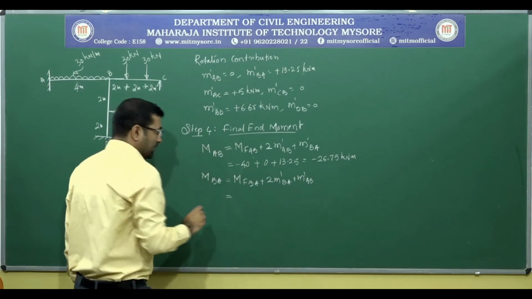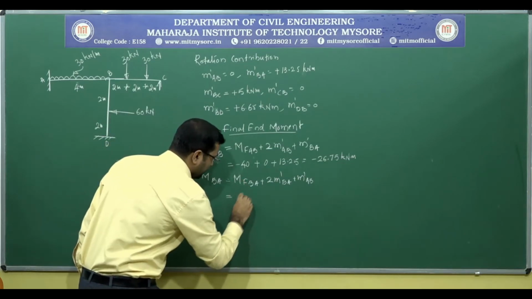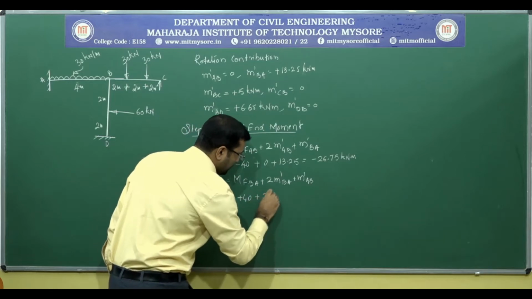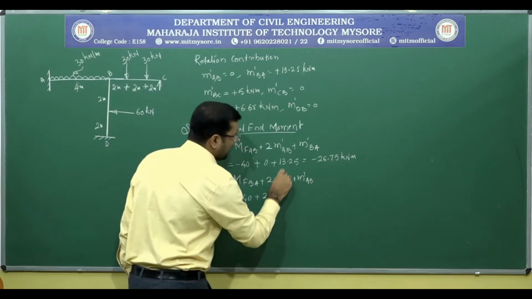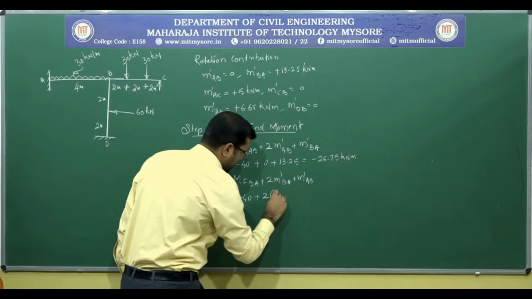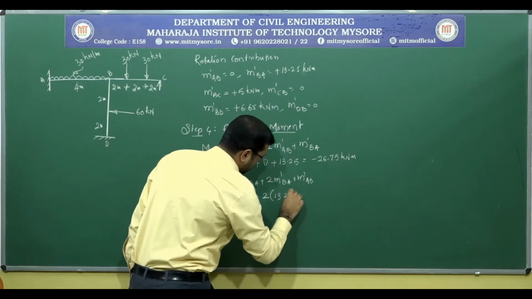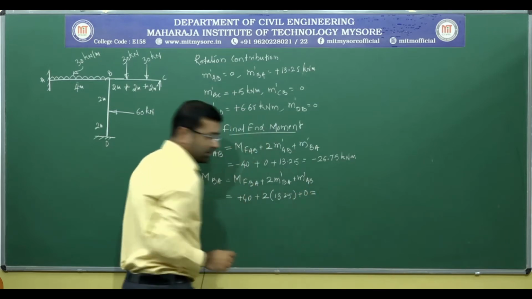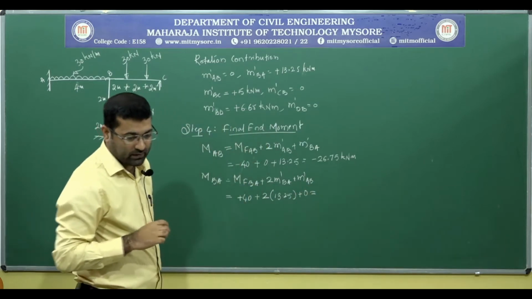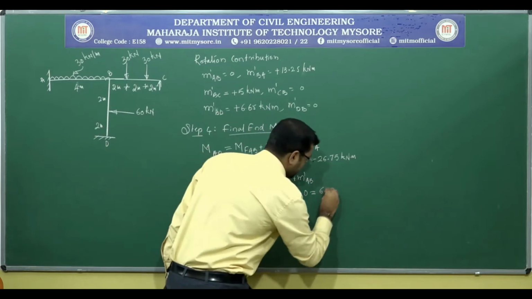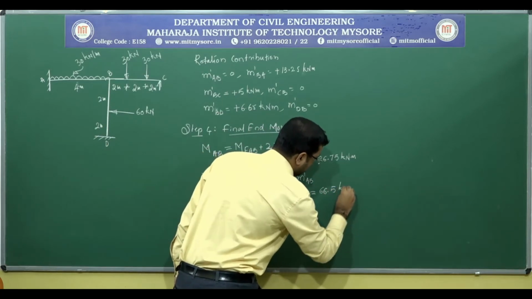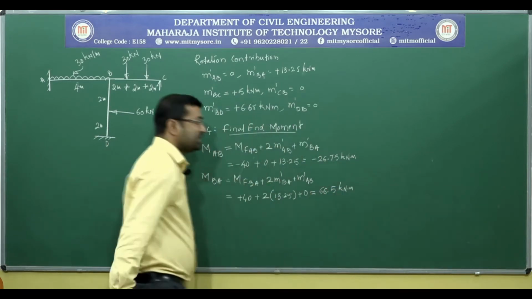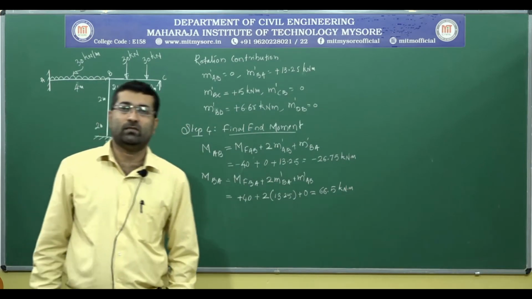As per our calculation, MFBA is plus 40 kilonewton meter plus 2 times M dash BA, which is 13.25, plus M dash AB which is 0. That gives us a value of 66.5 kilonewton meter as the final end moment.